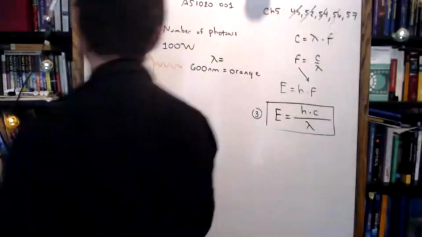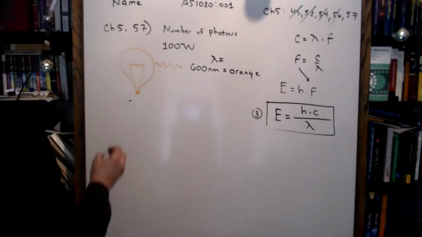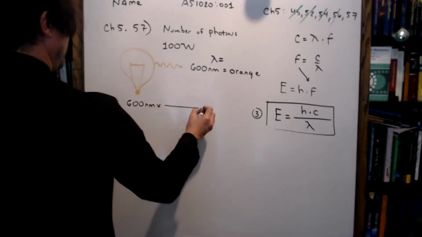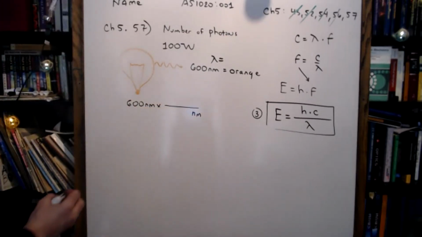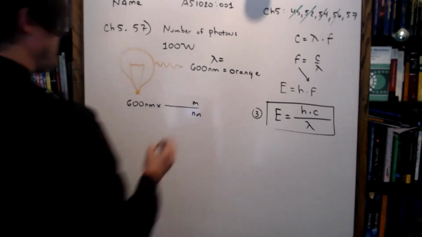So nanometers goes on the bottom. Yeah, so 600 nanometers. Yep, and what goes on top? Meters. Okay, what do I?